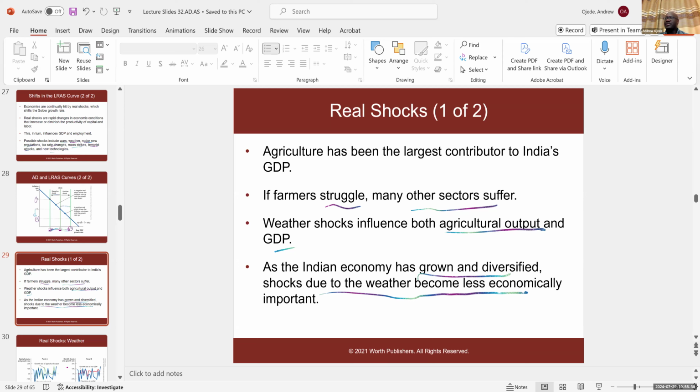So nowadays, agriculture is not the main dominant force in the Indian economy. But many years ago, like 50, 30, 20 years ago, it was a dominant force in India's GDP. Because India diversified to other sectors like manufacturing and high-tech sectors, shocks to agriculture no longer pose as big a threat to the Indian economy as they used to.